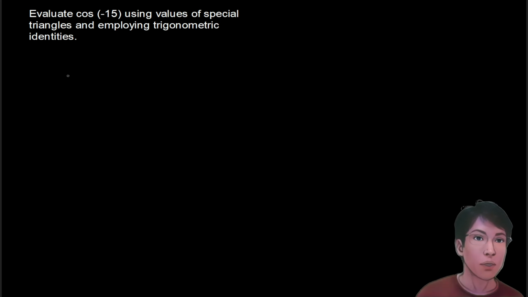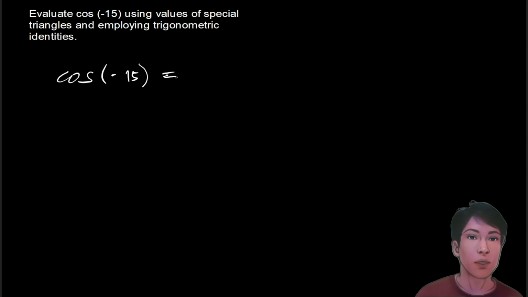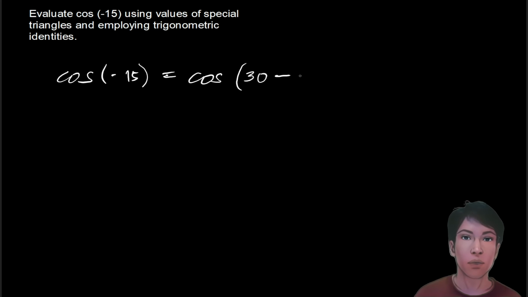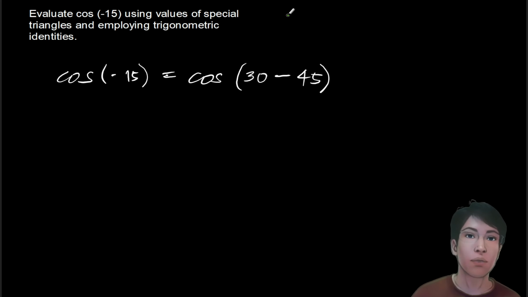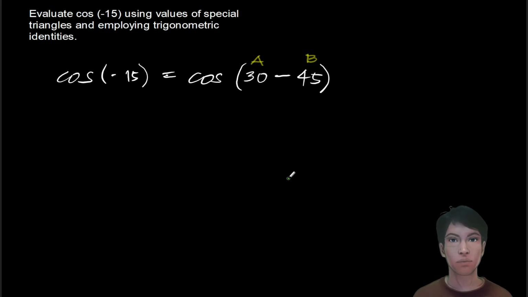Okay, so cosine of negative 15 can be written as cosine of 30 minus 45. So here, this is A, and then this is B.